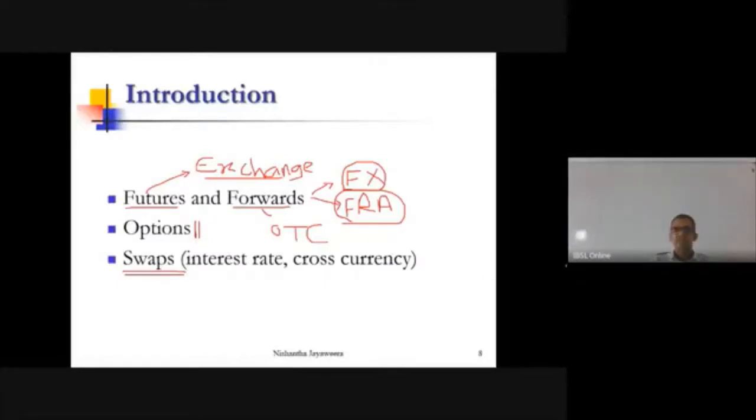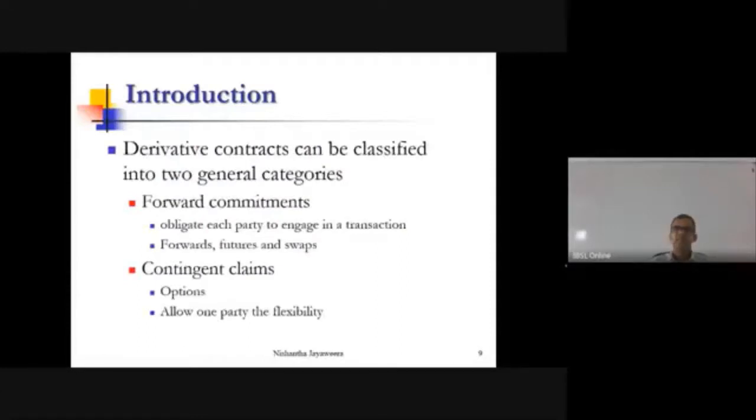So based on the nature, we can classify derivative transactions into two general categories. There are derivative contracts where both parties have a forward commitment. The party has an obligation to pay or receive something on a future date. For example, forwards, futures and swaps fall into that category.